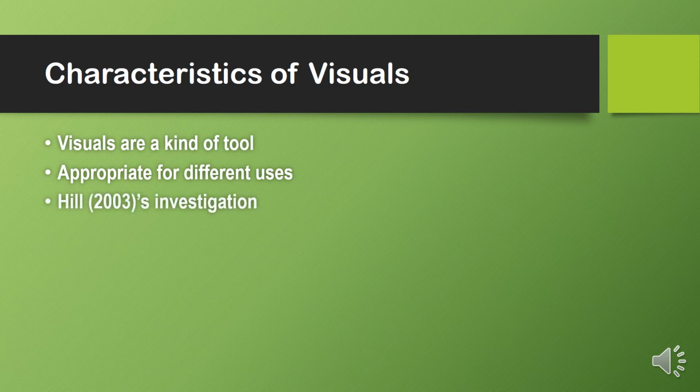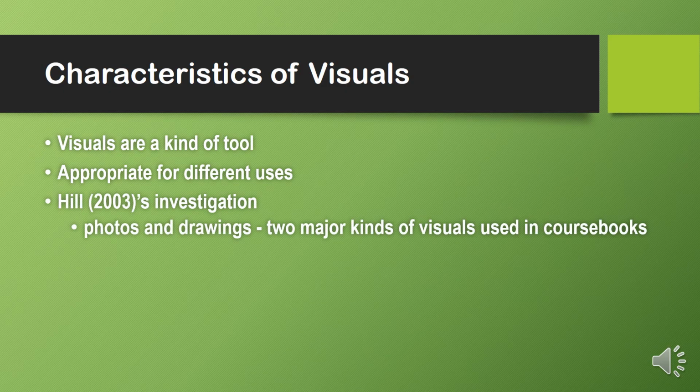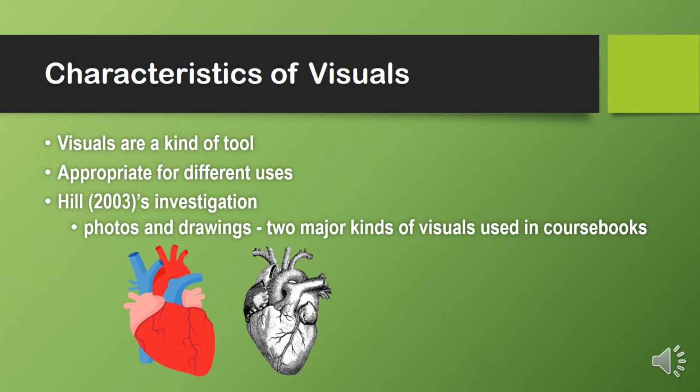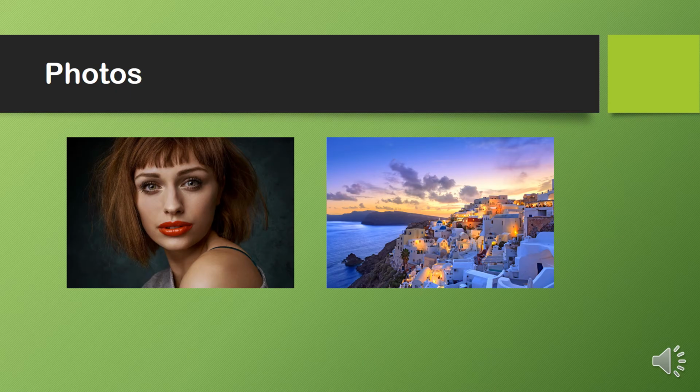Based on the investigation of Hill in 2003, photos and drawings are the two major kinds of visuals used in course books. Photos are often used to illustrate people, objects, and places in published materials.